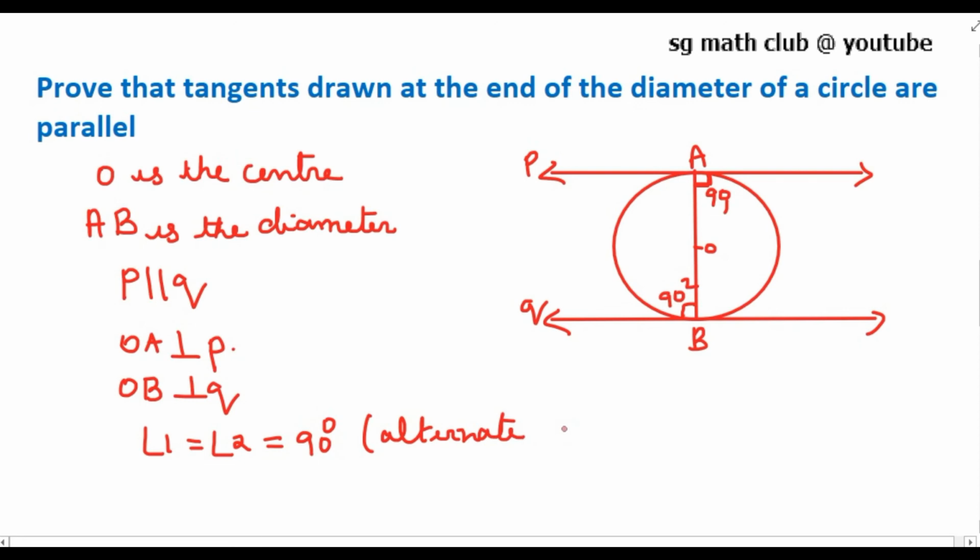If alternate angles are equal, then the lines should be parallel. So I can say that P is parallel to Q. Hence the tangents drawn at the ends of the diameter of the circle are parallel.